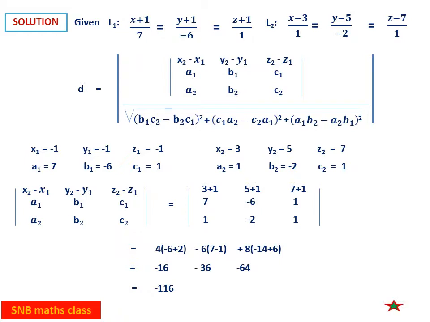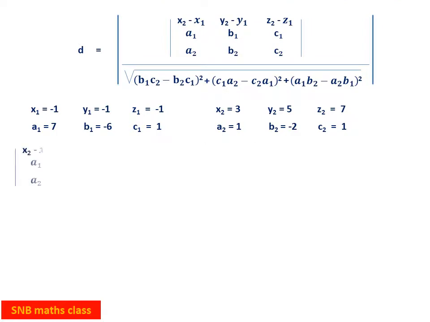Now let us proceed. I have determined the value of the determinant, that is in the numerator. Now we have to calculate the square root of b1 c2 minus b2 c1 squared, etc. The determinant value I have already found out, minus 116.